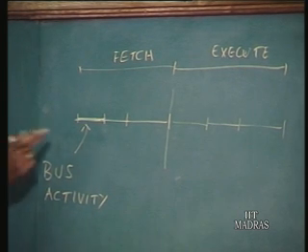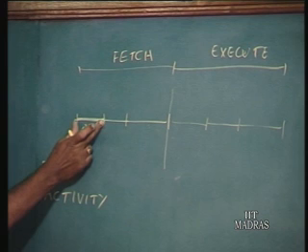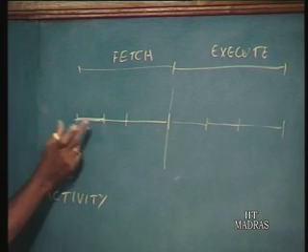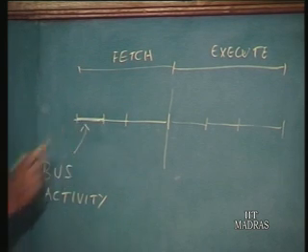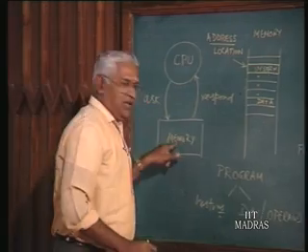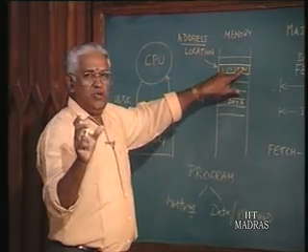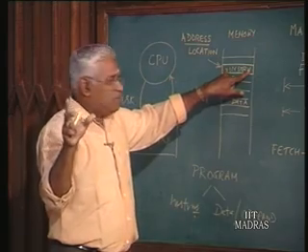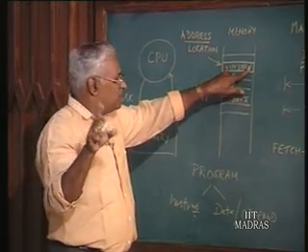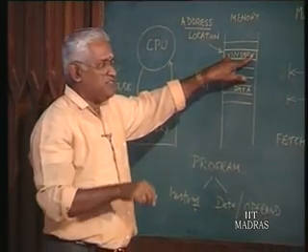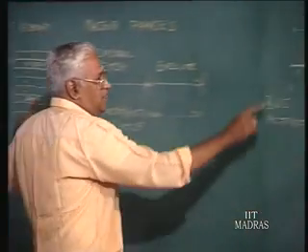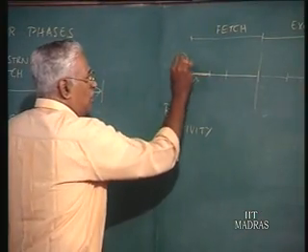So, in this particular duration the CPU initiates a data transfer by addressing memory, and the memory passes on 1 unit of information or data, in this particular case 1 part of the instruction.